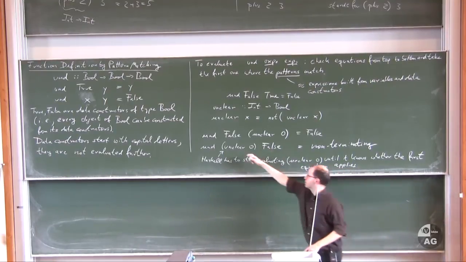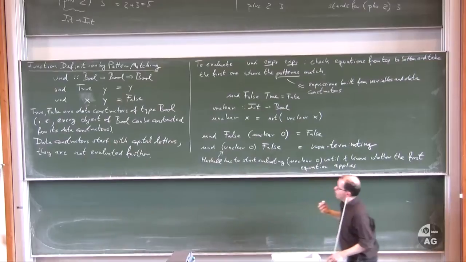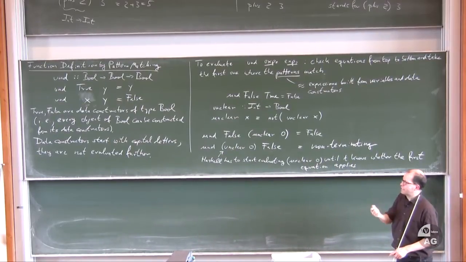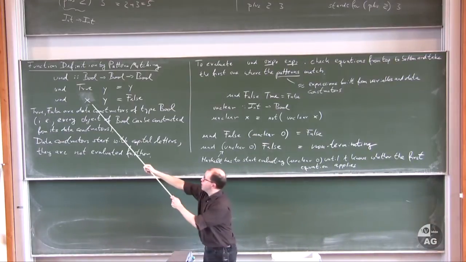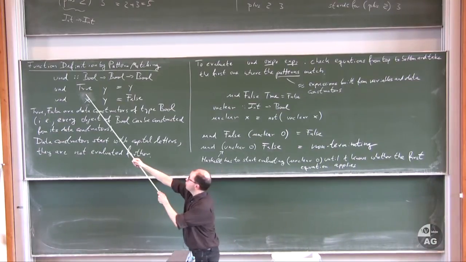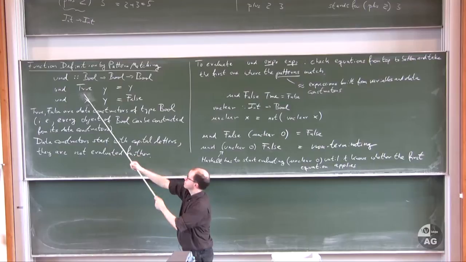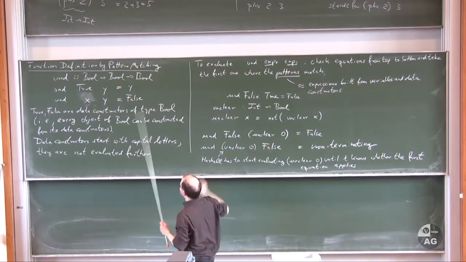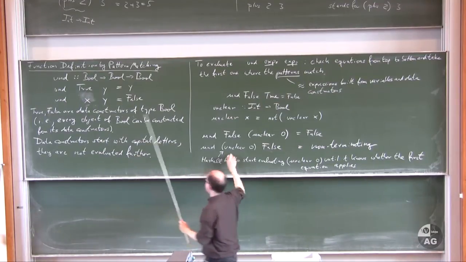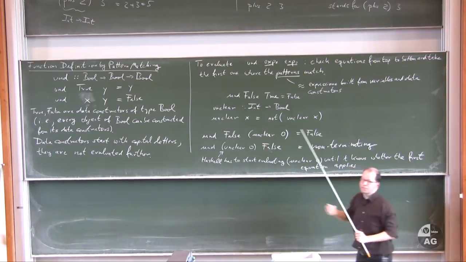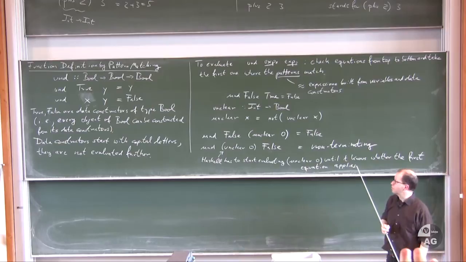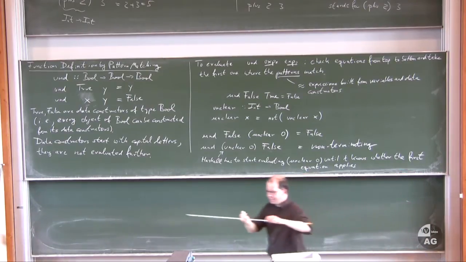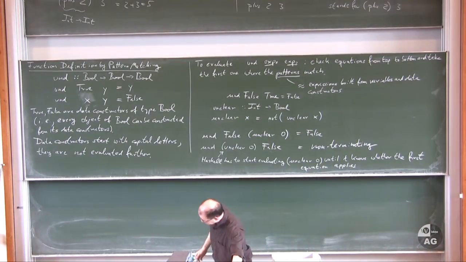It would not evaluate this at all, because it only has to evaluate to find out whether the pattern matches this argument. And x matches anything. A variable matches anything, but this only matches the value true. So that x matches unclear 0 is clear, but whether true matches this, Haskell doesn't know, and so it starts evaluating, and it will never find out. So it's not terminating. So this is something to get used to.